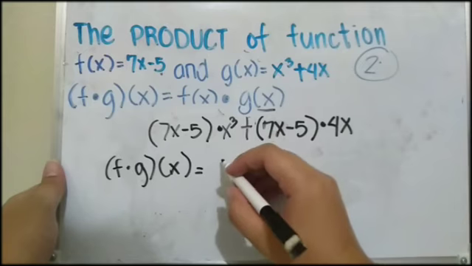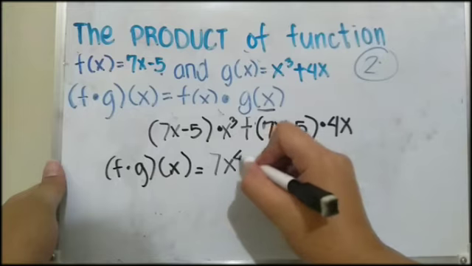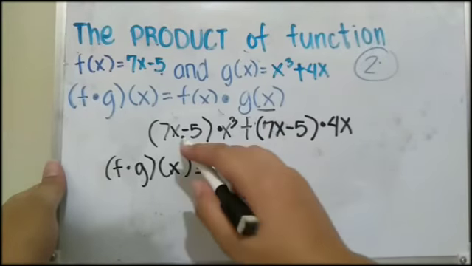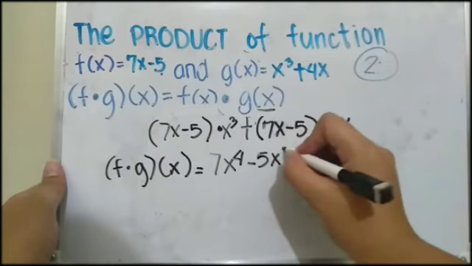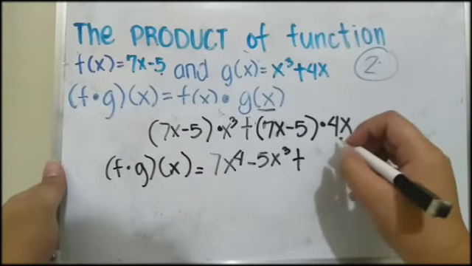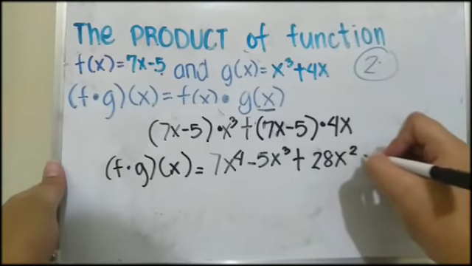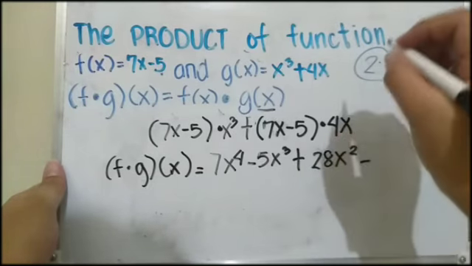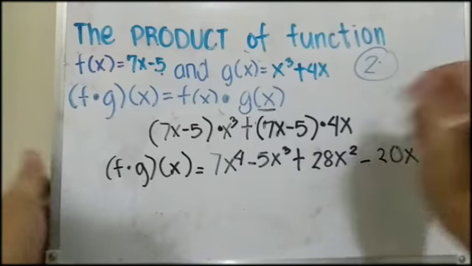So 7x times x squared is equals to 7x cubed, minus negative 5 times x squared is negative 5x squared. And then next is 7x multiplied by positive 4x is equals to 28x squared. Negative 5 multiplied by positive 4x is equals to negative 20x. So that's it.